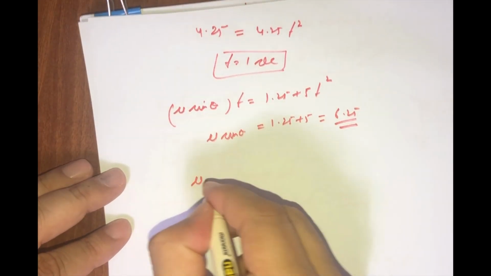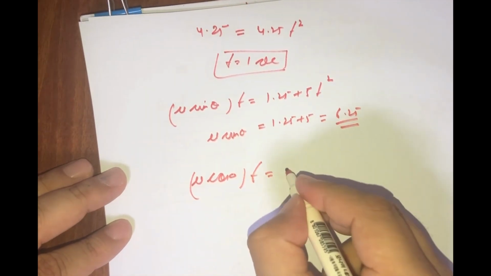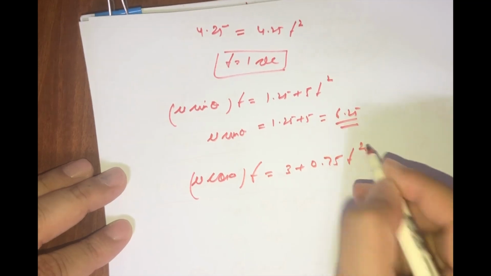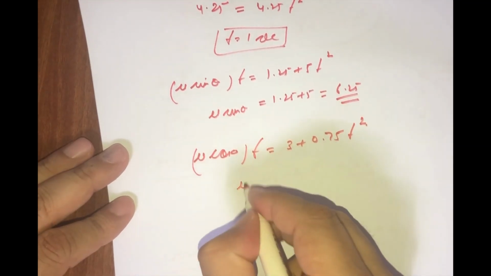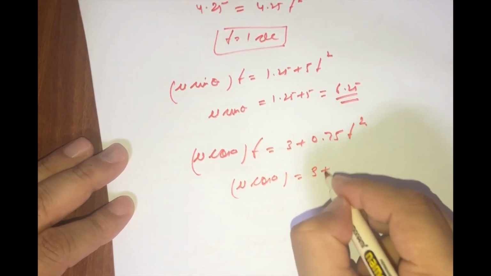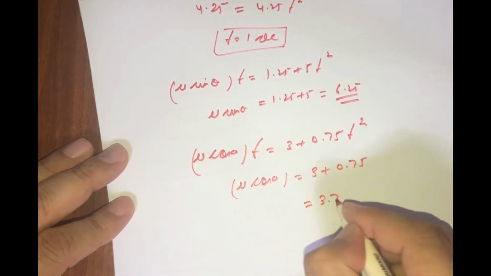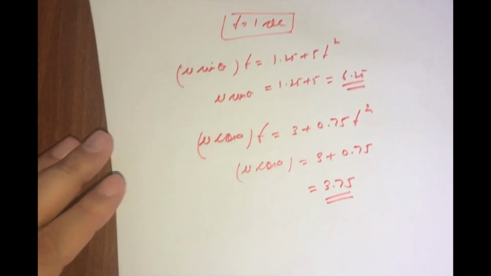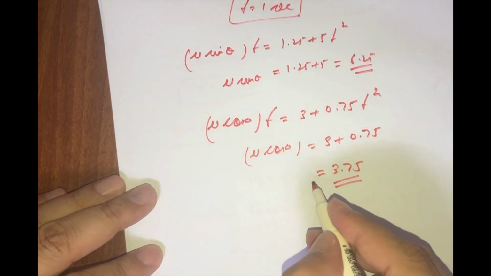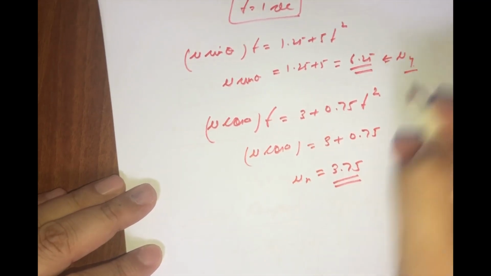Similarly, u cos of theta multiplied by t is given as 3 plus 0.75 t square, or we can say that u cos of theta is equal to 3 plus 0.75, and this will equal 3.75. So it means we got the x component, and this is our y component.